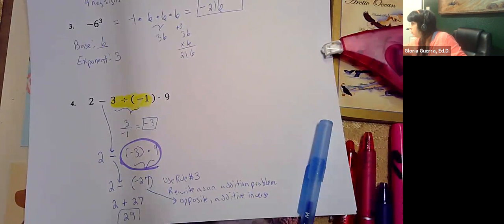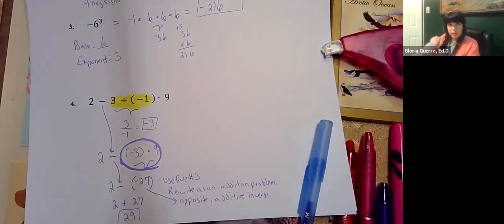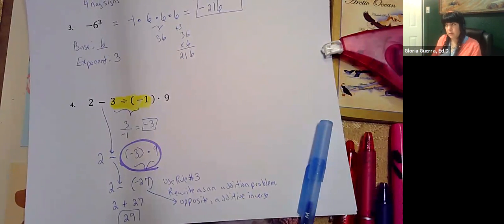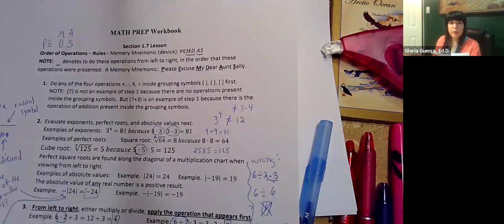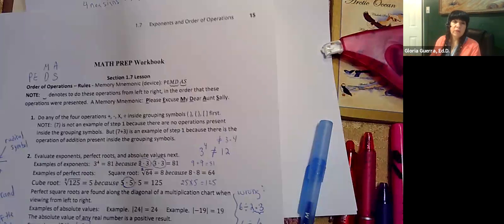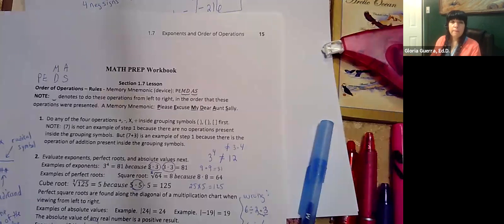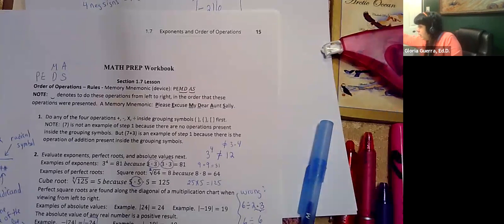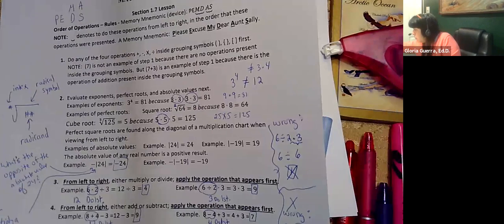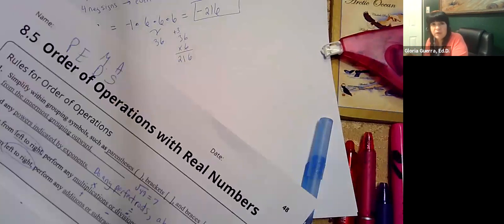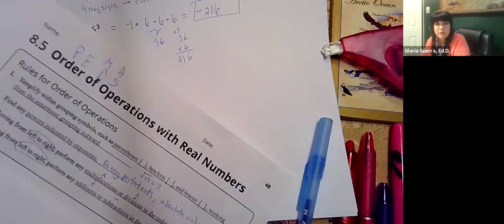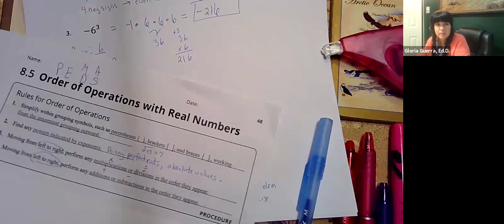I was going to mention, when it comes time to take test number 1, you can either have page 15 from the co-requisite out, because here are the rules for signed numbers, the first 4 problems, or you can have the first page of page 48, order of operations, because it's more condensed.